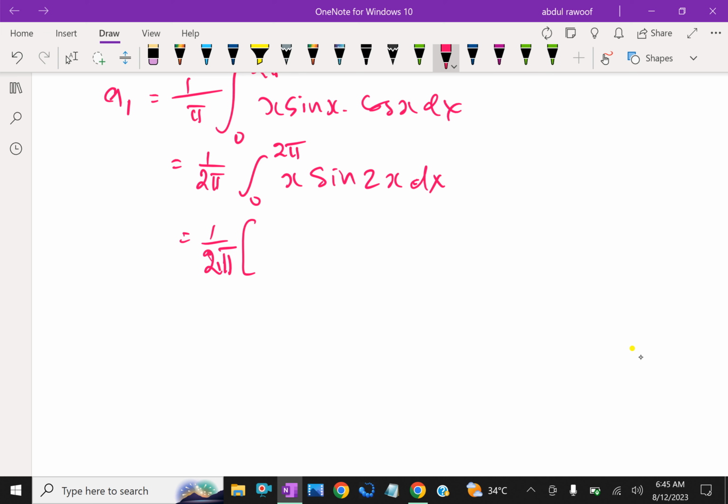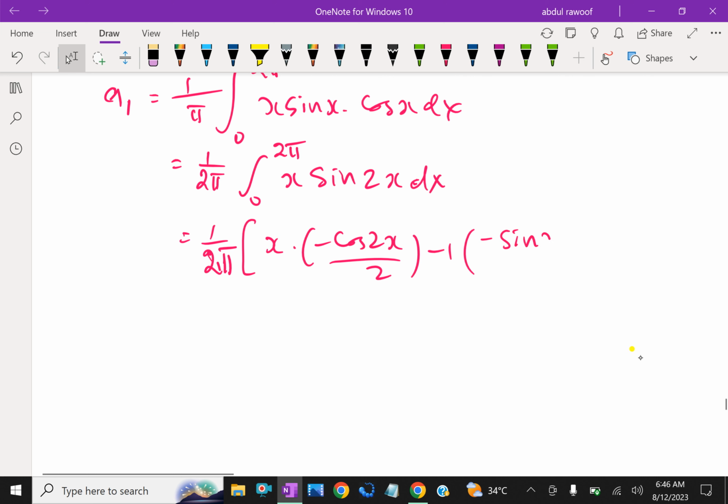then integrating, that is x first function, integral of second minus cos 2x by 2, minus 1 into minus sin 2x over 4, because we get sin 2x and 2 into 2 is 4 here, then 0 to 2 pi.